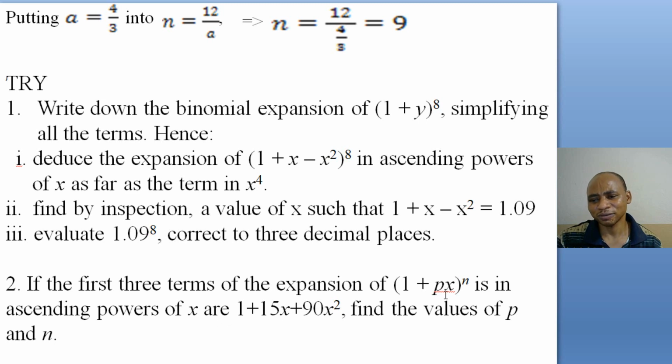And then you equate to 1 plus 15x plus 90x squared, then use comparison of coefficients to derive 2 equations. Then you solve them simultaneously.